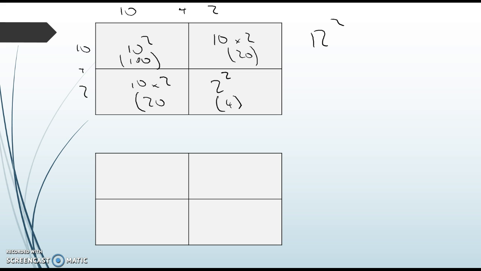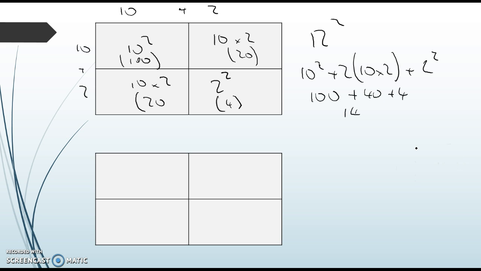So we again have 10 squared plus 2 lots of 10 times 2 plus 2 squared. So 100 plus 20 times 2, which is 40, plus 2 squared, which is 4, 144. Again, we have this pattern of these two multiples factoring in the same sort of way.